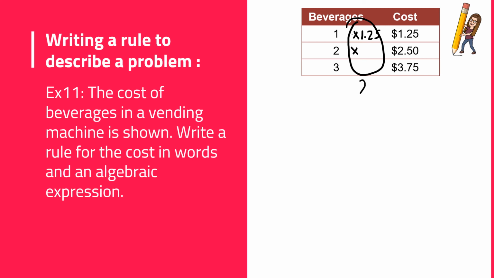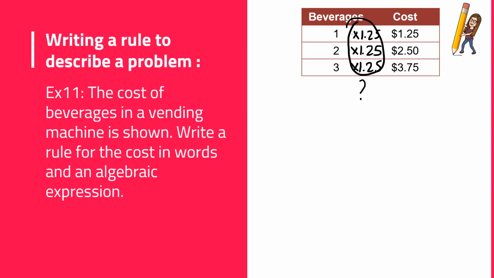If I can repeat it, then that means that's the rule. Is 2 times $1.25 $2.50? Is 3 times $1.25 $3.75? In this case, it is. There's no beginning cost, there's no addition or subtraction on this one. So I now have my rule.